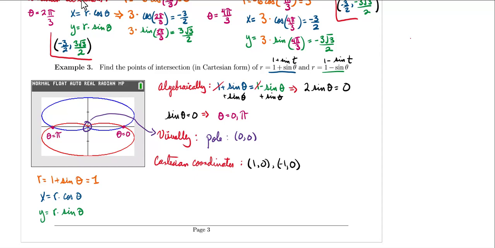Now, as the particle moves around in time, it is going to be tracing the graph, but the thing is though, the graphs are intersecting at the pole here, but they're not really crossing each other at the same time. And the paths may not cross each other because, well, maybe the particles are moving in different directions, as we saw with parametric equations. Direction didn't matter. So they might start in different locations as well.